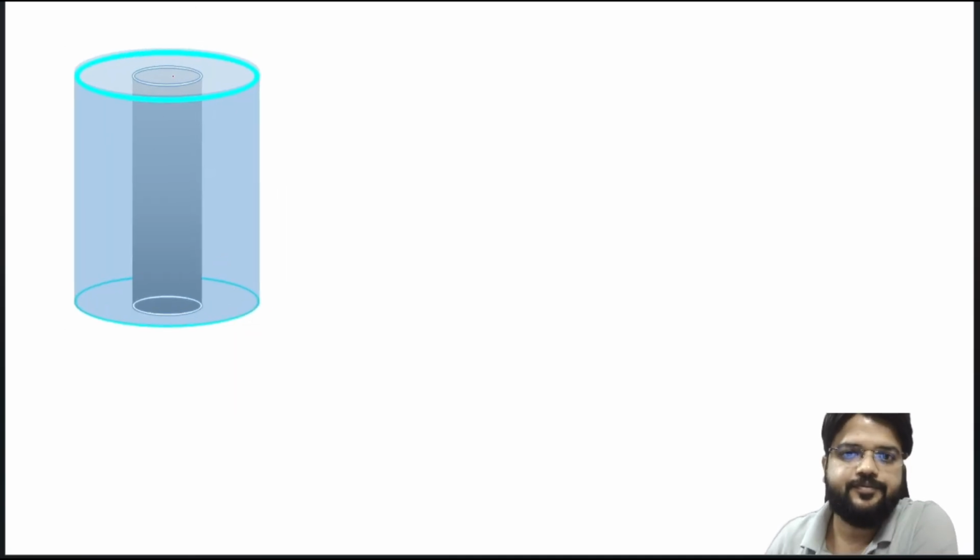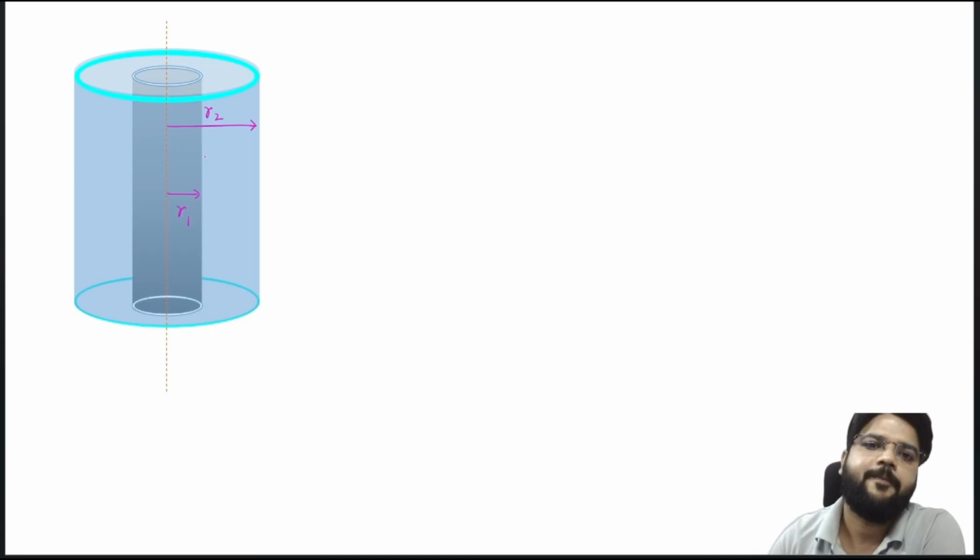Okay, so see. The central axis. This is R1, the inner cylinder radius, and this is R2, the outer cylinder radius, correct? R1 and R2.